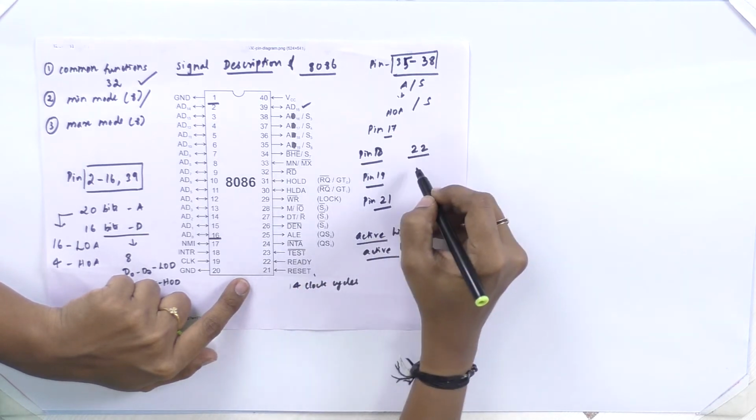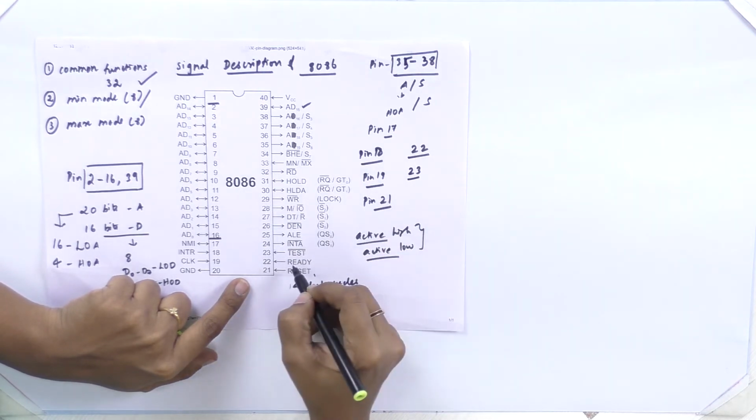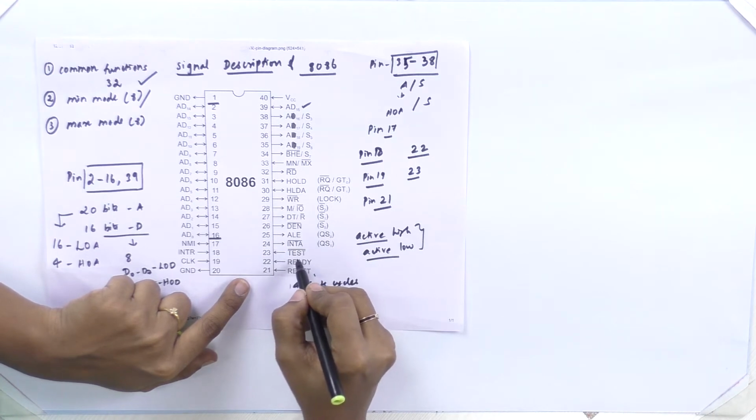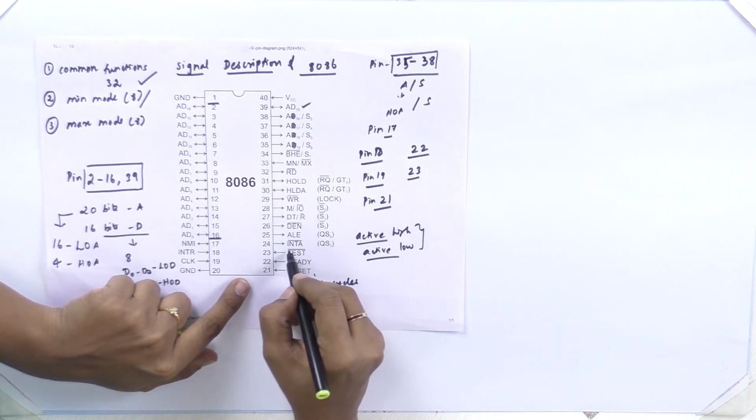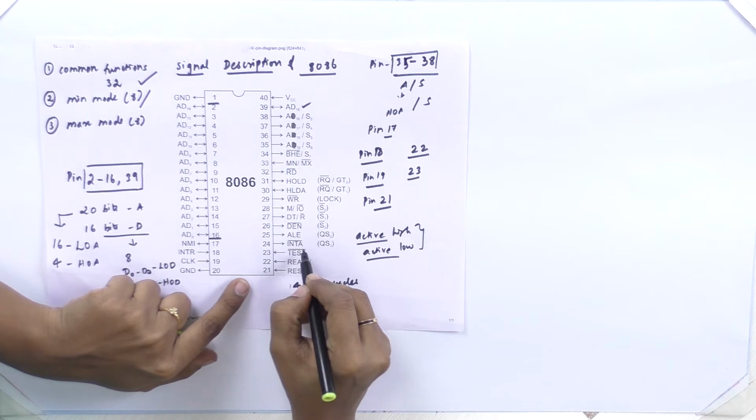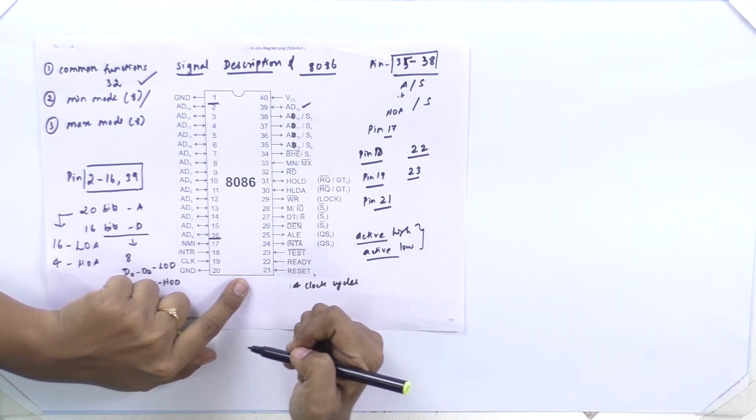Next is the test pin. Pin number 23 is called the test pin and it is active low. The active low pins are indicated by bars over the name of the pin.